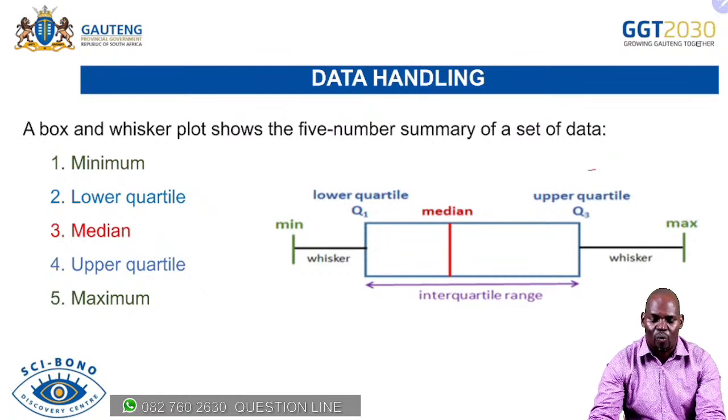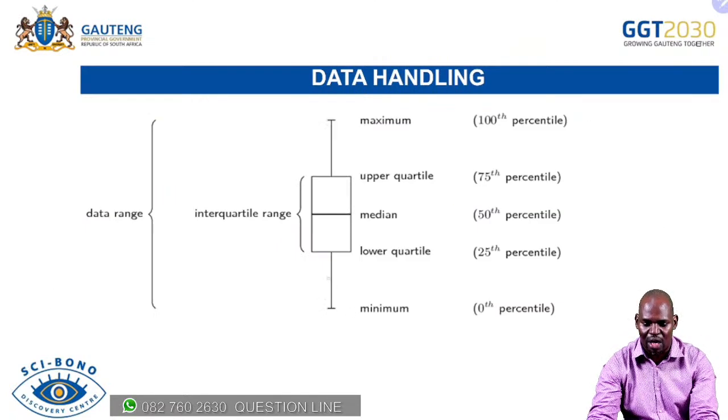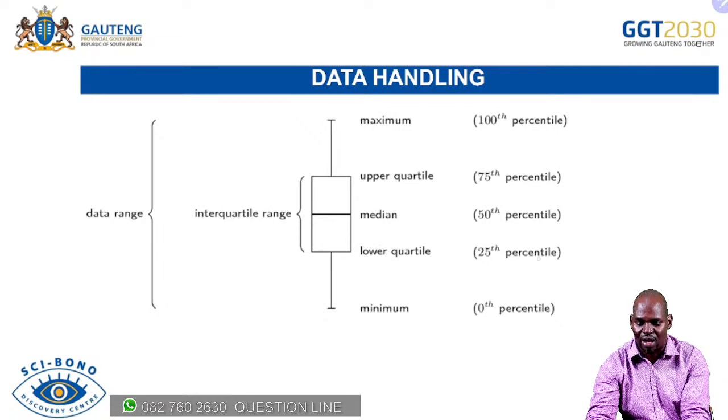Then when we come to percentiles, remember the box and whisker can be sideways or upright, but the points are still the same. There we've got the minimum, which is the smallest, and we've got the lower quartile, the median, the upper quartile, and the maximum. If you look at the lower quartile, remember we said it's also quartile 1, but in terms of percentiles, they say it's the 25th percentile.